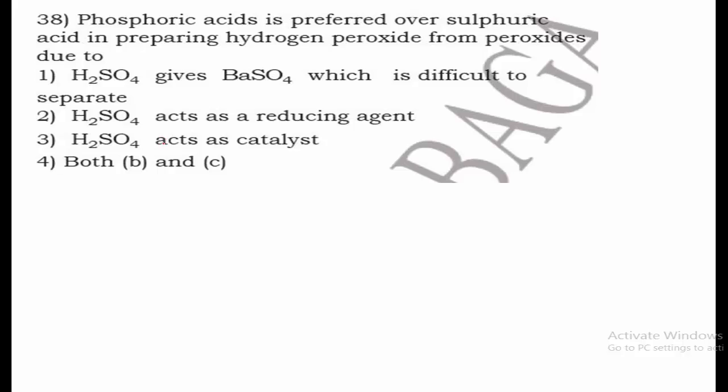Therefore weaker acids like H3PO4 and H2CO3 are preferred over H2SO4 for preparing H2O2 from peroxides. Hence H2SO4 will not be used, and option 3 is the right answer.